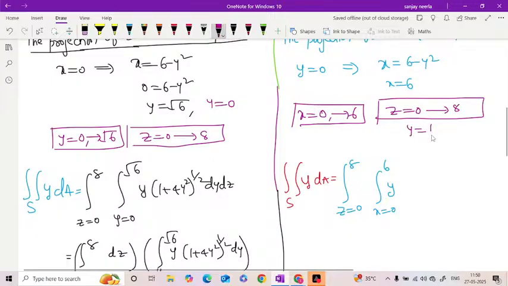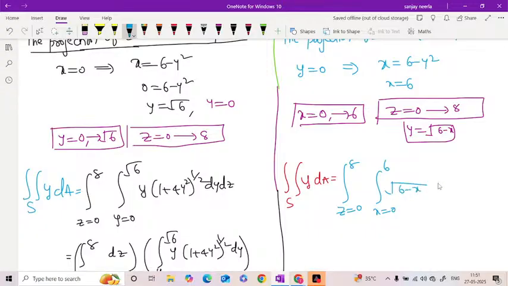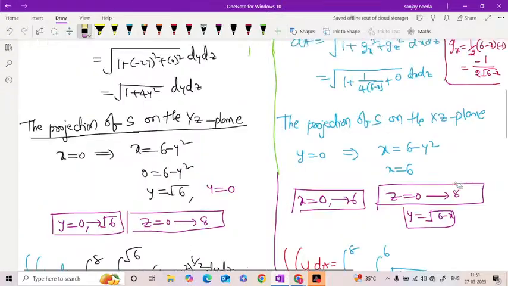y is equal to root of 6 minus x. So substitute y is equal to root of 6 minus x into dx into dz. And what is the dA result?